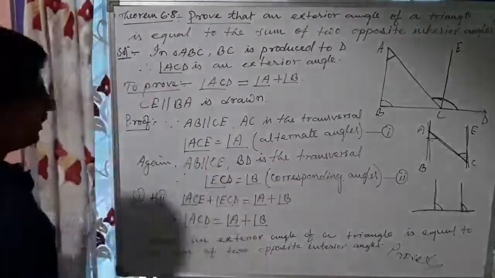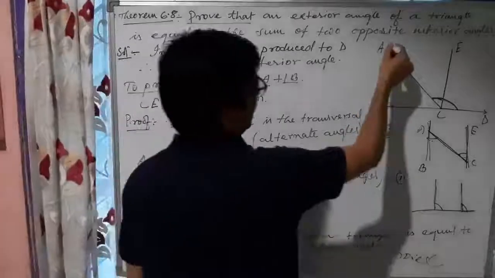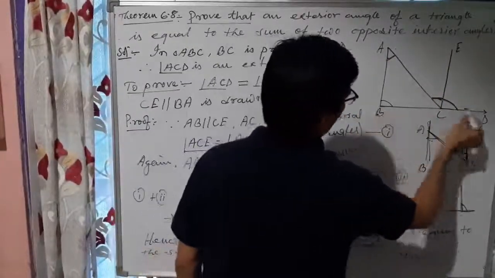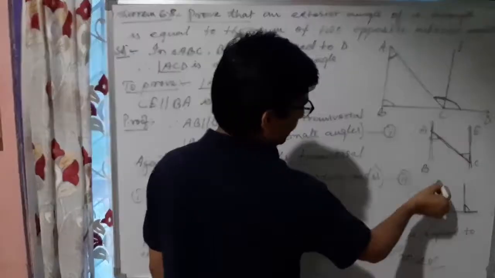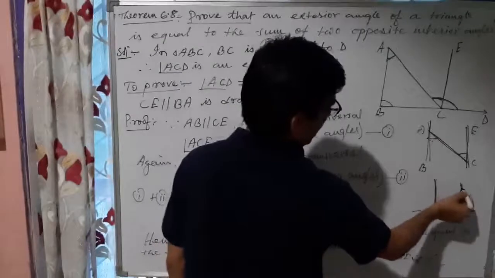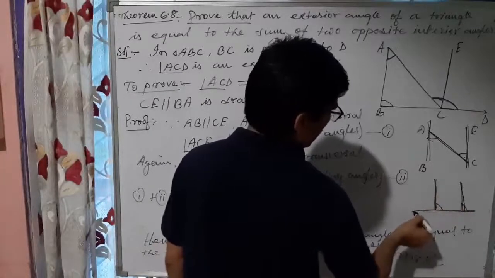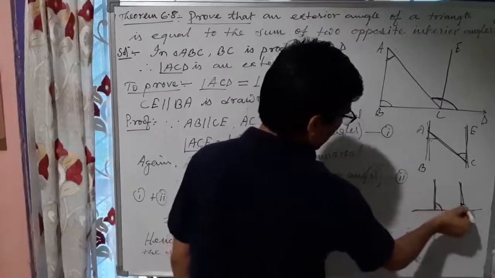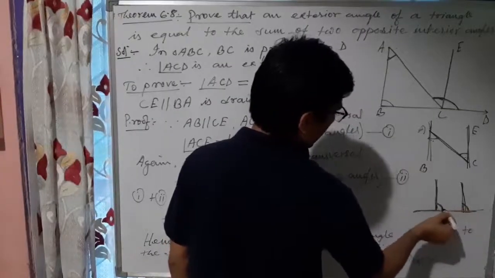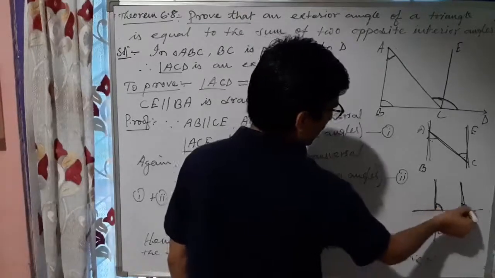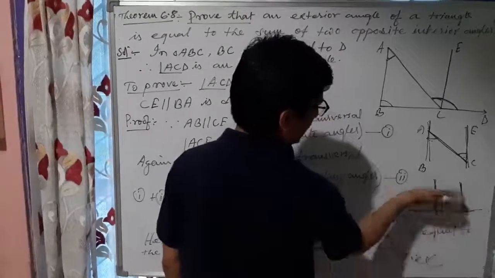The second equation comes now. AB is parallel to CE. Now you change the transversal. Now the transversal is BD. Now AB is parallel to CE, then BD is the transversal. Then these two angles are equal. They are corresponding angles. One is interior, another one is exterior angle on the same side of the transversal.